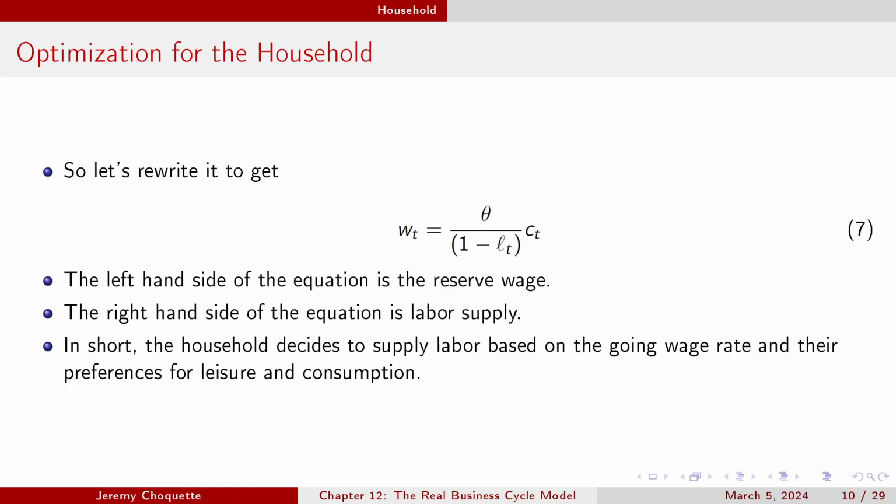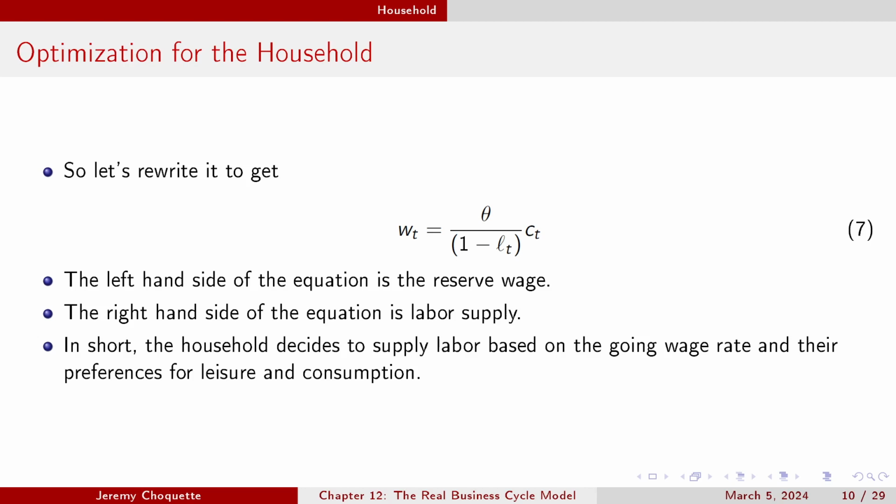So I'm going to take equation 6 and rewrite it to get equation 7. What did I do? Well, I multiplied both sides by consumption. So now I've got the wage rate being a function of the elasticity of labor supply divided by 1 minus labor, multiplied by consumption.